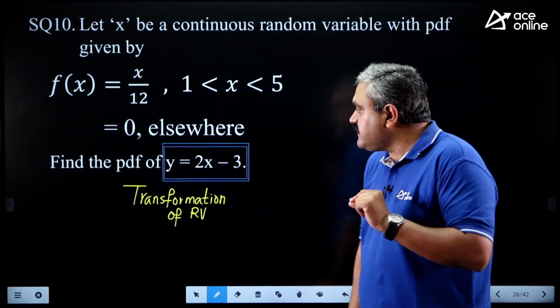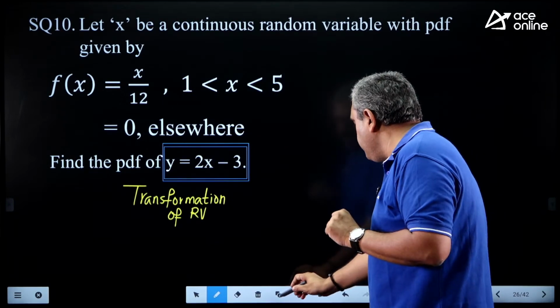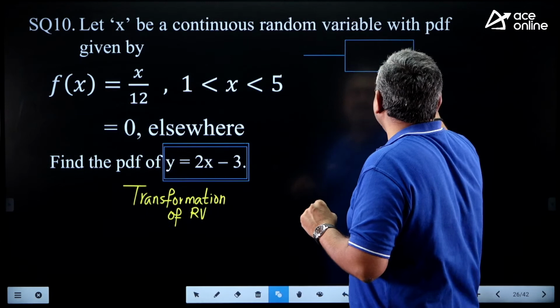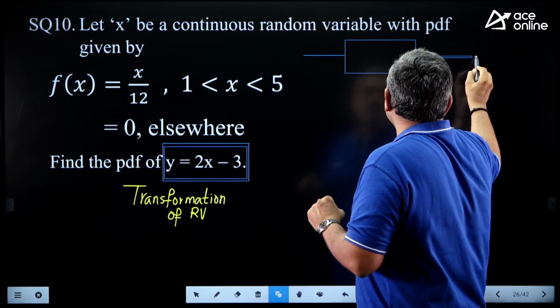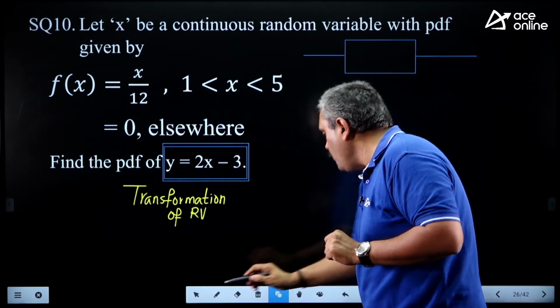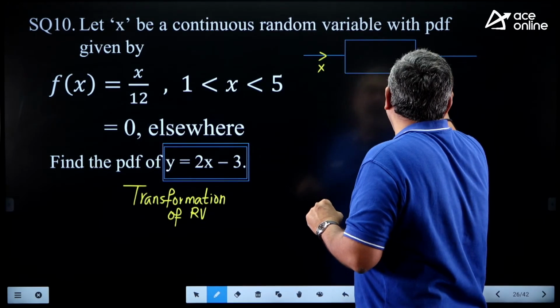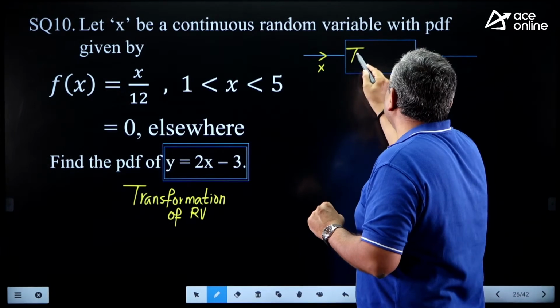Okay, so basically what will be given is, you will have input as a random variable x and you will generate a new random variable y. So this is my x and this is my y by using some transformation.